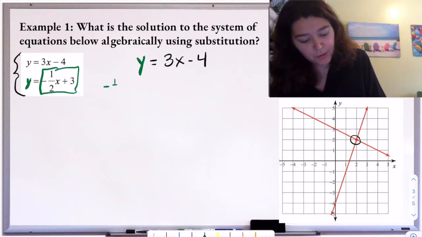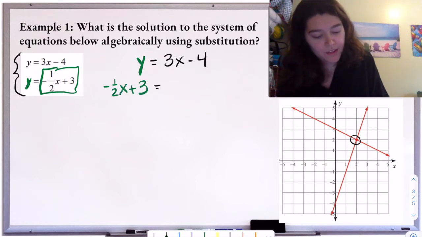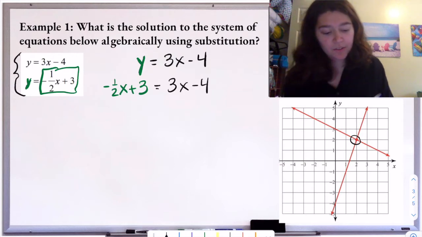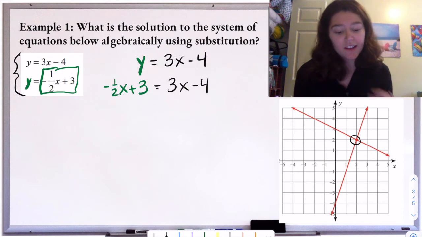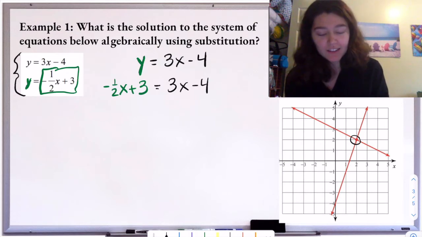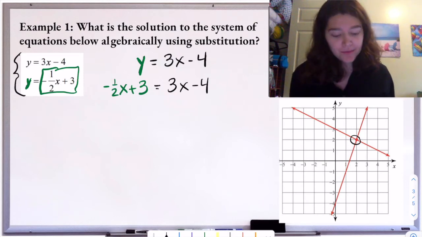So I'm going to replace y, or substitute in for y, -1/2 x plus 3, and that will be equal to 3x minus 4. Now I get an equation that has variables on both sides, but it just has x. So I know how to solve this equation. I need to get the variables to one side of the equation, constants on the other, and solve for x. So that's what we're going to do now.